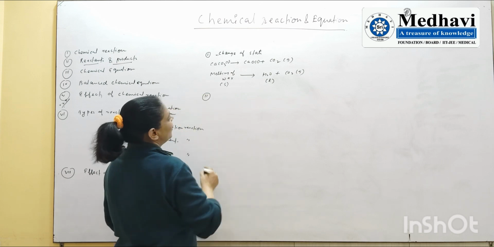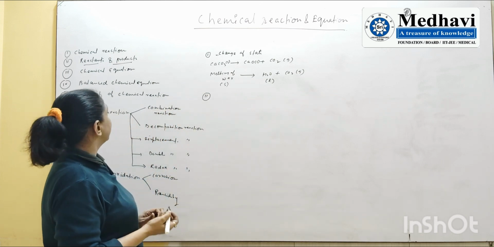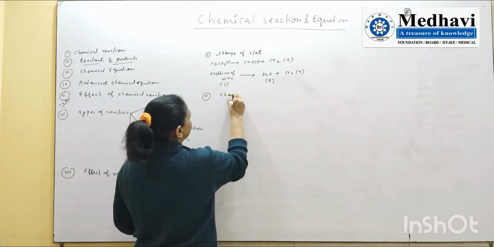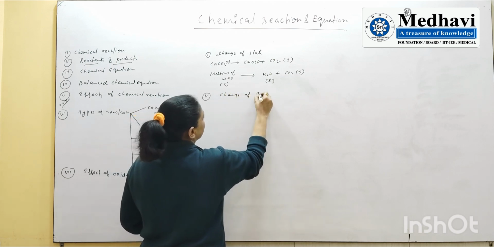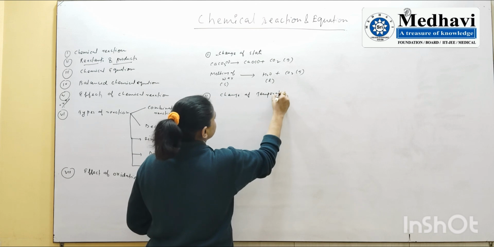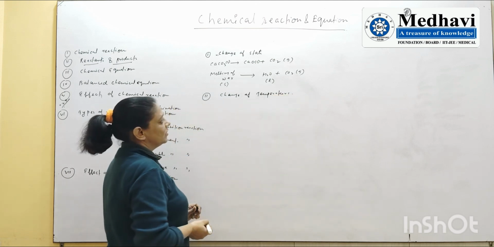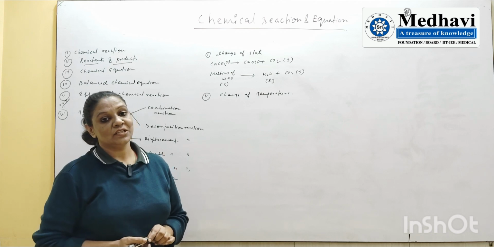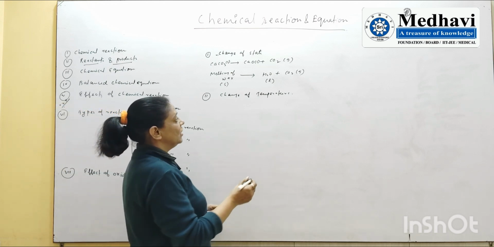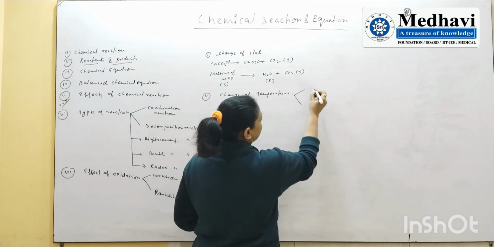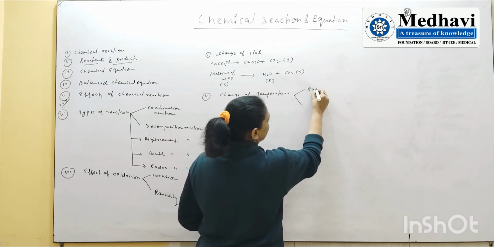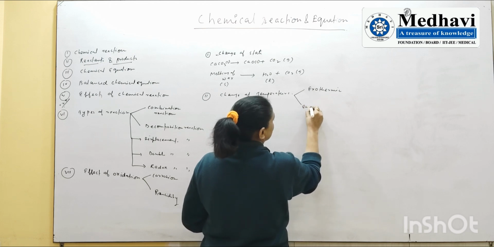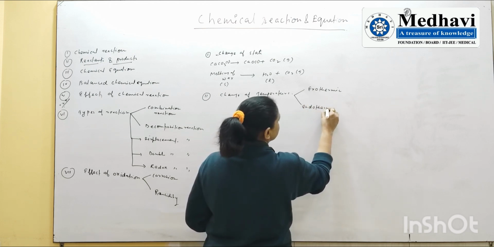The second effect of a chemical reaction is the change of temperature. When a chemical reaction occurs, the temperature of the substance also changes. Change of temperature can be explained in two terms: first is called exothermic reaction and second is called endothermic reaction.